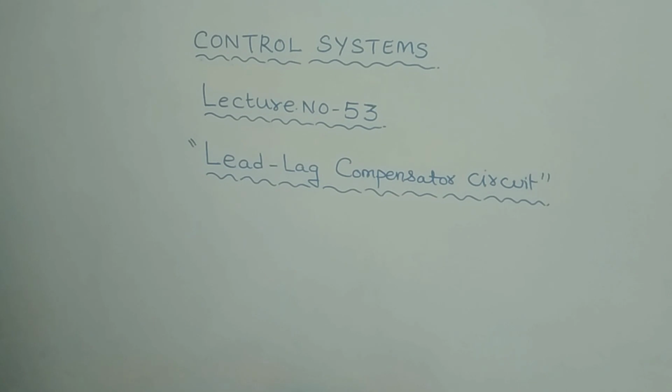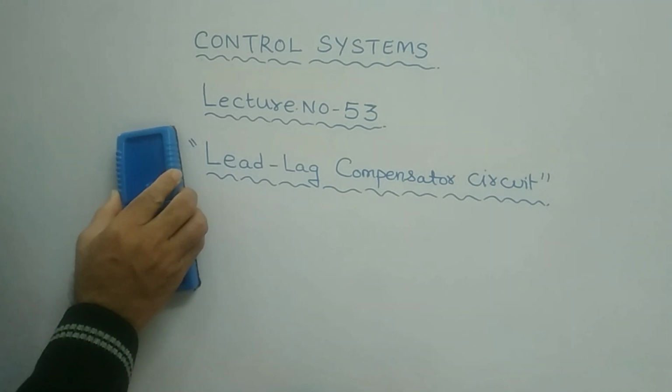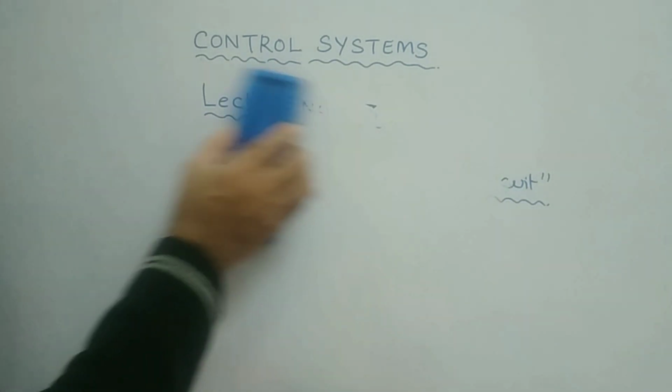These two types of compensator circuits we have discussed in our earlier presentations, and we have seen the basic electrical circuit as well as their corresponding transfer functions. In today's presentation, we will see the basic electrical circuit of the lead lag compensator circuit and its transfer function.